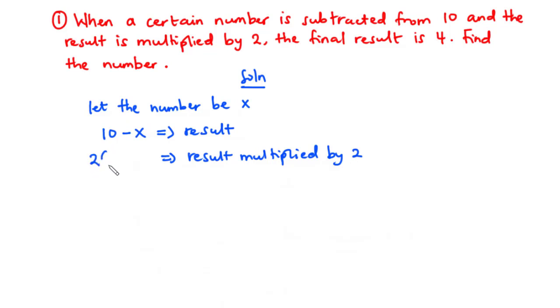So we have 2 times 10 minus x. So after multiplying this result by 2, we are told that the final result is 4.